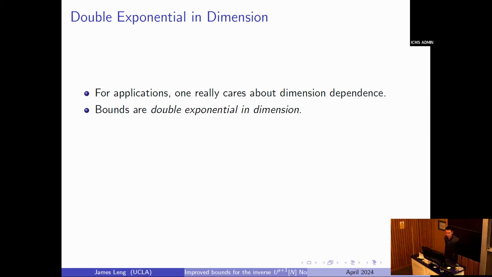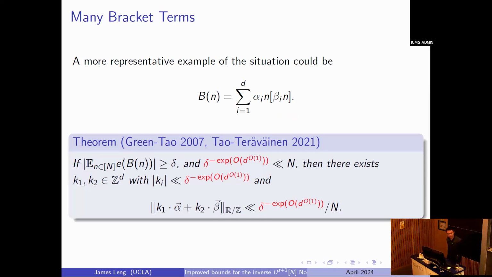It turns out that the applications were bad enough that it was lossy to apply this equidistribution theorem. If these bounds were just single exponential in dimension, then applying the equidistribution theorem wouldn't be lossy at all.